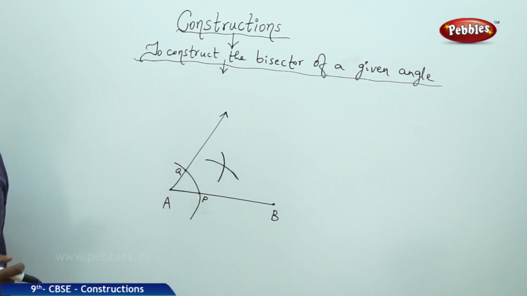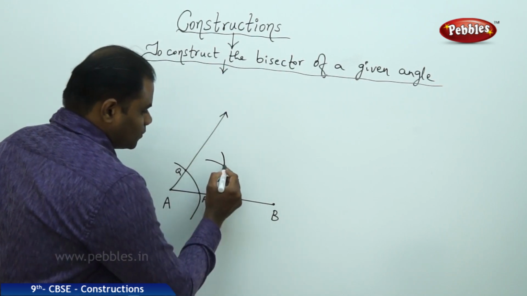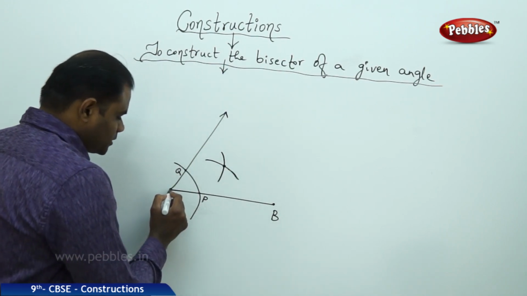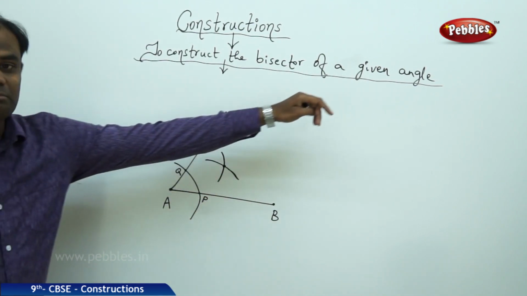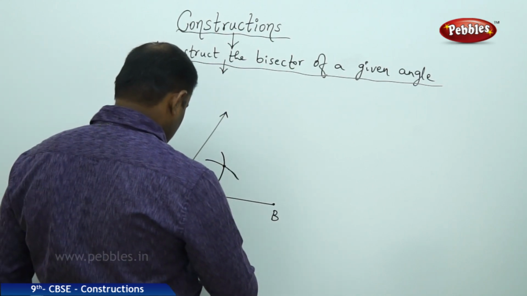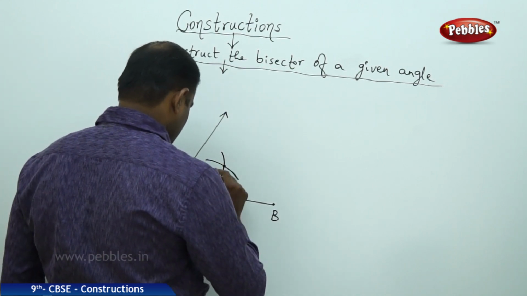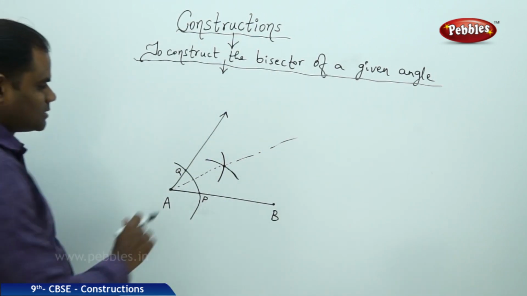They intersect at some point. So here is the point that we get. Now I have a point A and a point of intersection of two arcs, which I join using the ruler. So join these 2 points using the ruler. Then I get something like this.